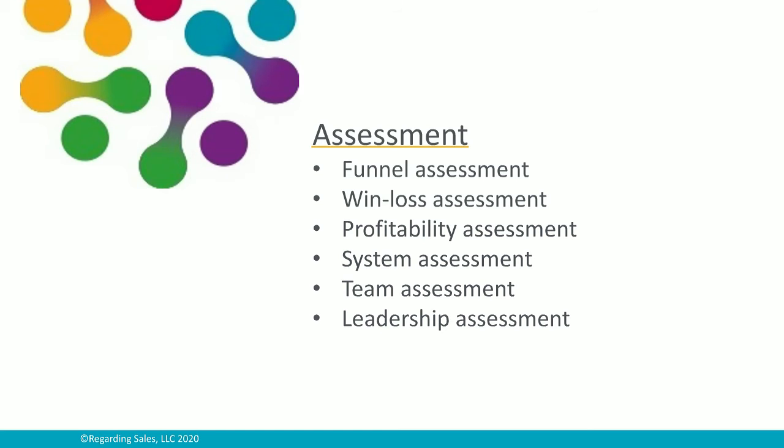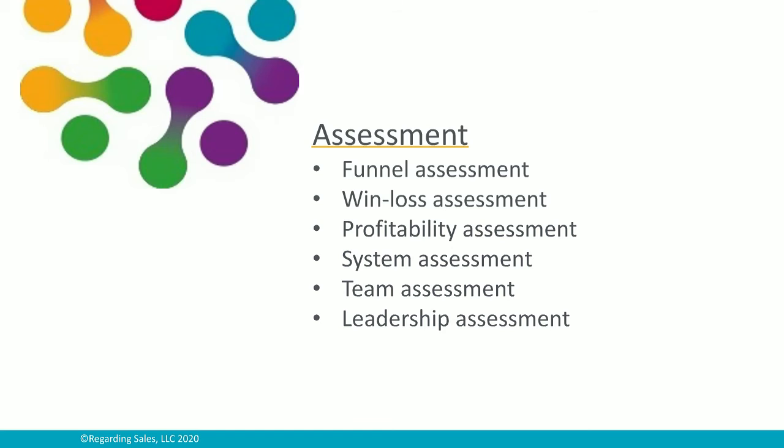We need a win-loss assessment. We need a profitability assessment. Too often, we just are happy to have clients and we don't really think about how profitable they are. We need a process for assessing the systems that we use every day. Are they working? Are they not working? Where are their gaps? Where do things break down?